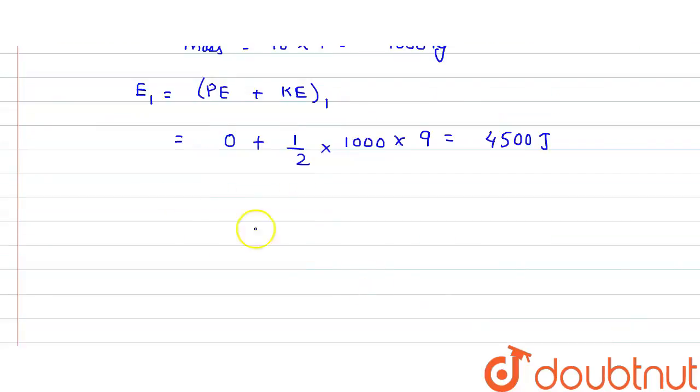Now let us find the value of E2, the energy at the second cross section. It would be the sum of potential energy plus kinetic energy at this second cross section. The potential energy is mgh. What is the height from the reference level?